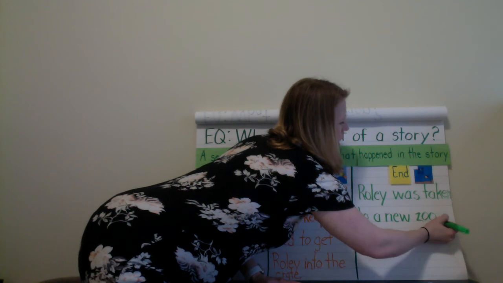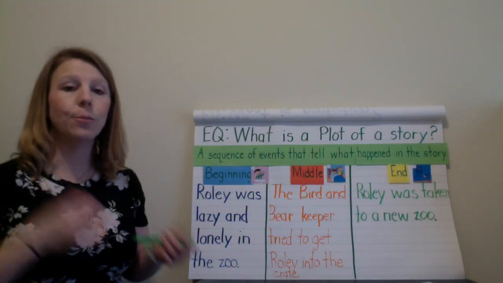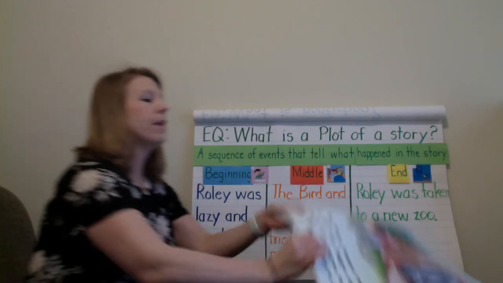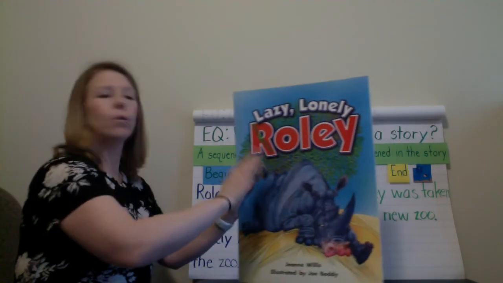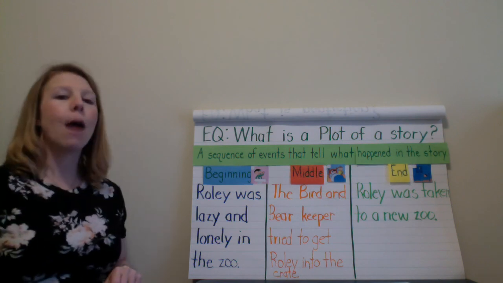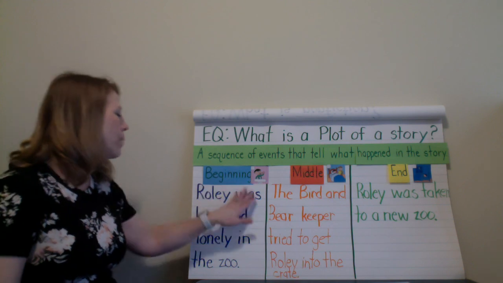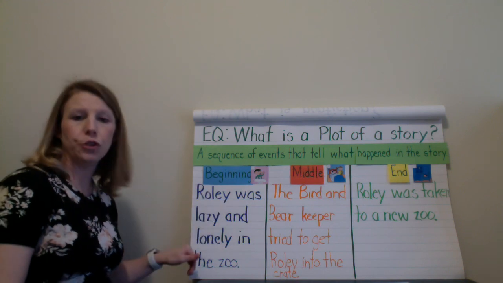Okay, so if I said to you, what is the plot of the story that we just read, Lazy Lonely Rolly, you could tell me three things that happened in that story in order. You could tell me Rolly was lazy and lonely in the zoo.